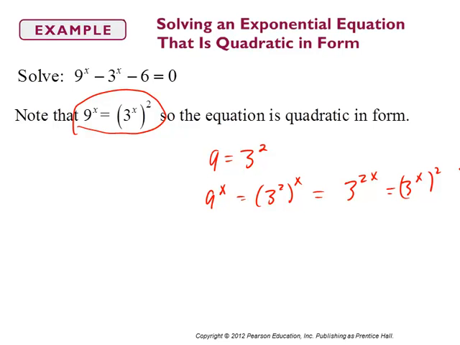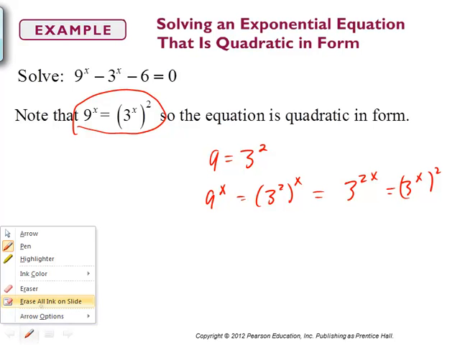That is a property of exponential expressions. So that is why we're going to rewrite 9 to the x power as 3 to the x squared.